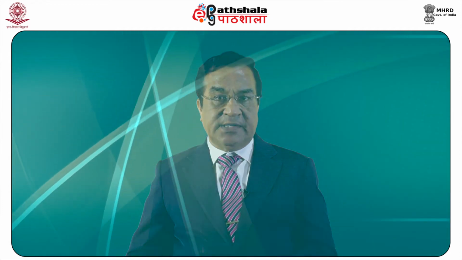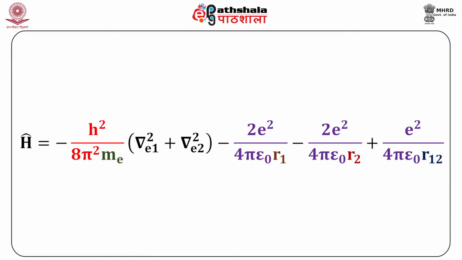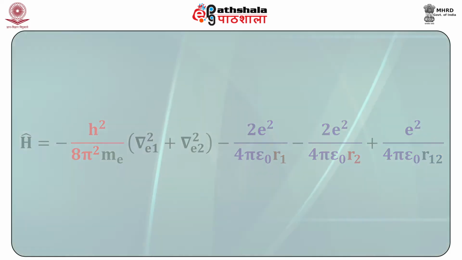At this stage, I would also like to mention that in this equation, the last term, which we already have mentioned as the interelectronic repulsion term, is the term which causes difficulty in solving the Schrodinger equation.